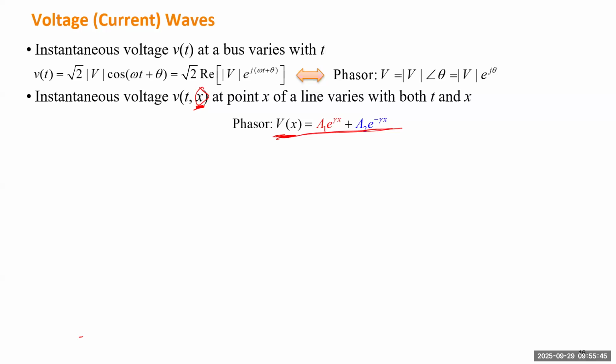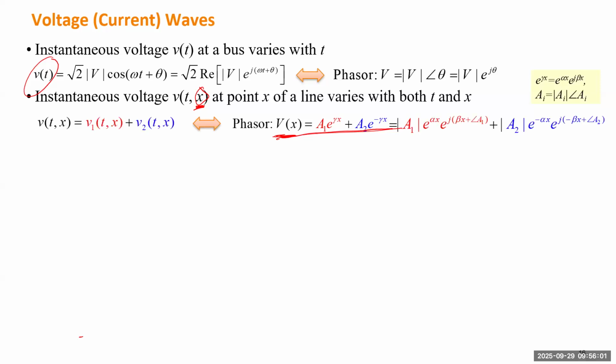So how can we find the instantaneous value, similar to this one, for any point of the line? You can imagine we'll have something like this one, right?